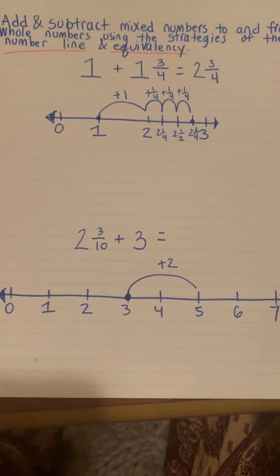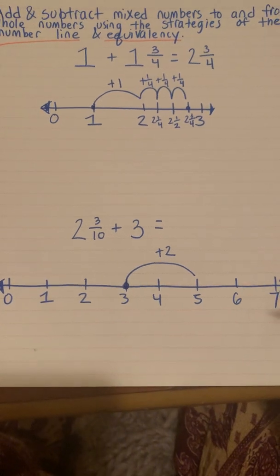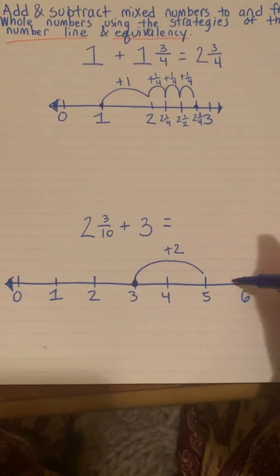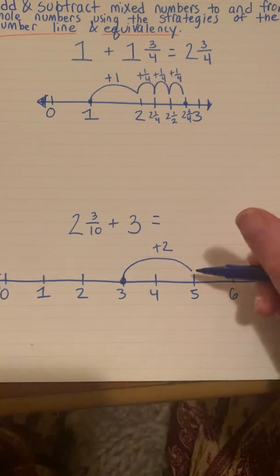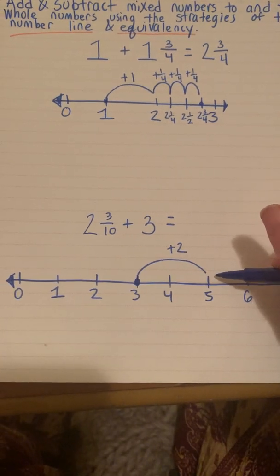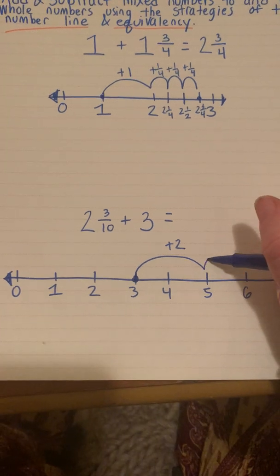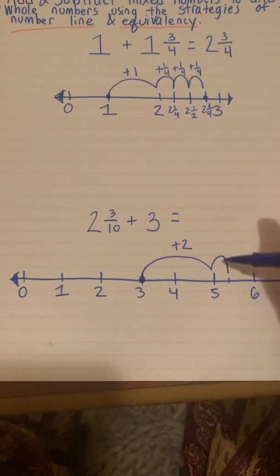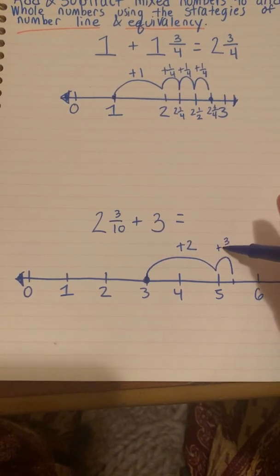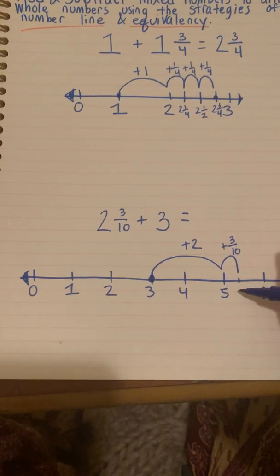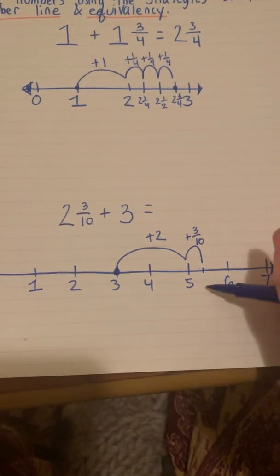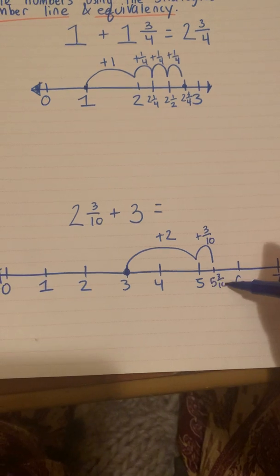So I know that that's less than 1 whole. I could partition this into tenths, but I could also approximate and say that, well, I know 5/10 is halfway, so 3/10 is going to be about here. So I can see that it's going to land on 5 3/10.